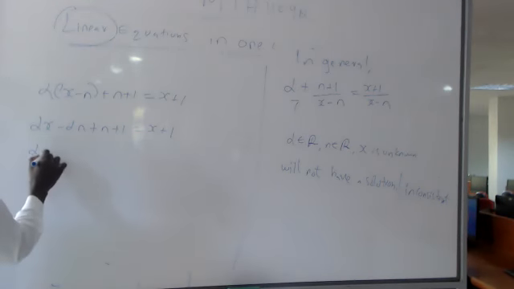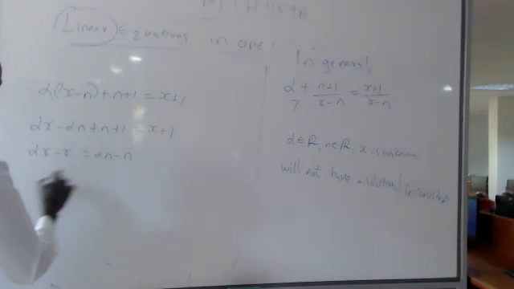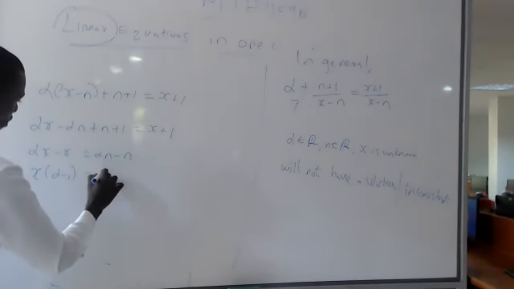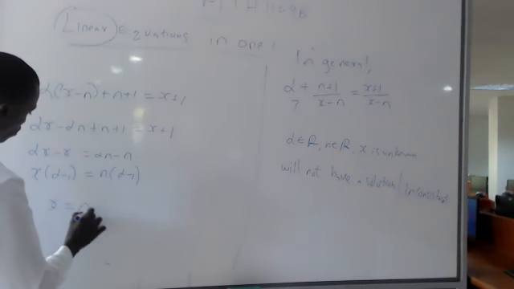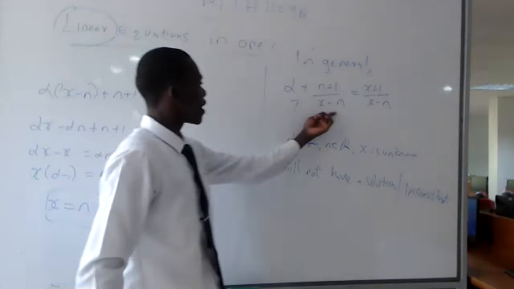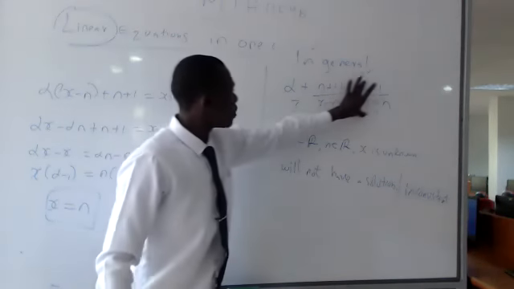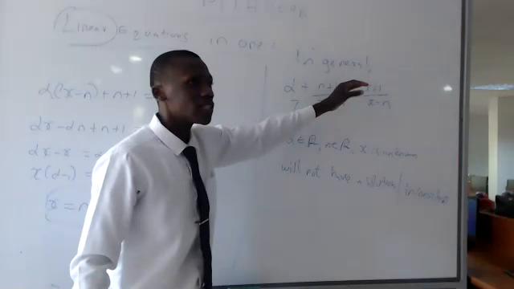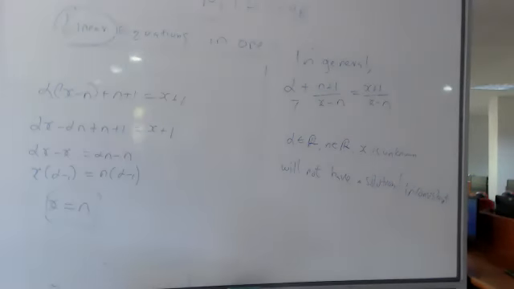And that means alpha x minus x is alpha n minus n. Therefore, x into alpha minus 1 is n into alpha minus 1, which means x is equal to n. And we know very well that at x equals n, x minus n is 0. So what you did is to multiply both terms by a 0. Therefore, you get an inconsistency. Okay?